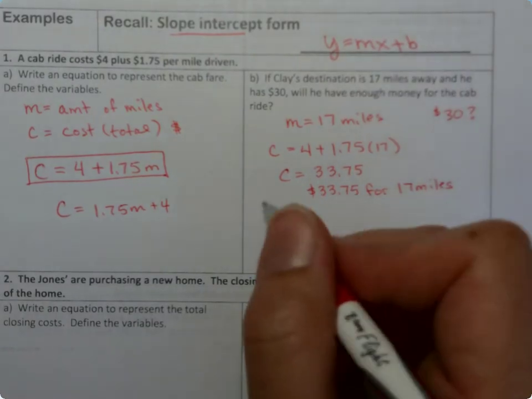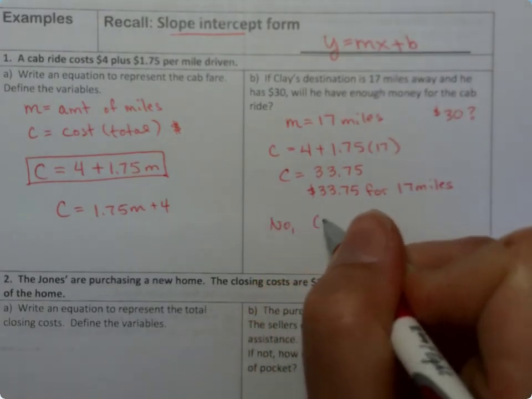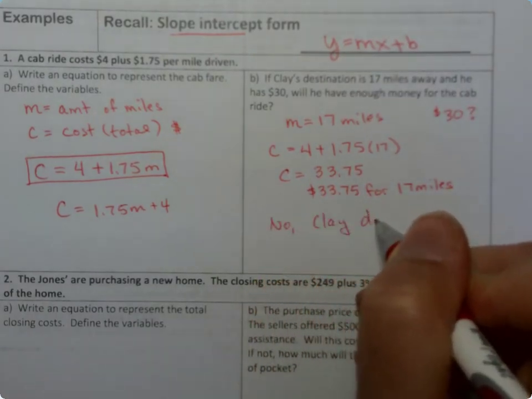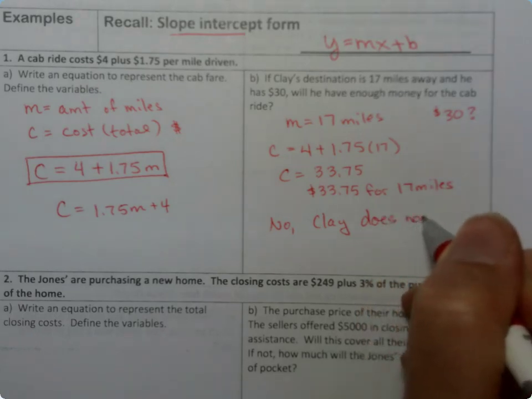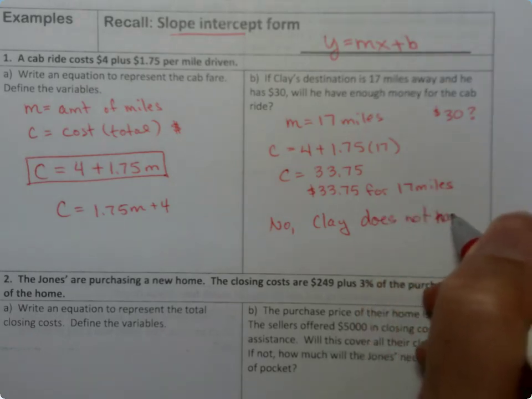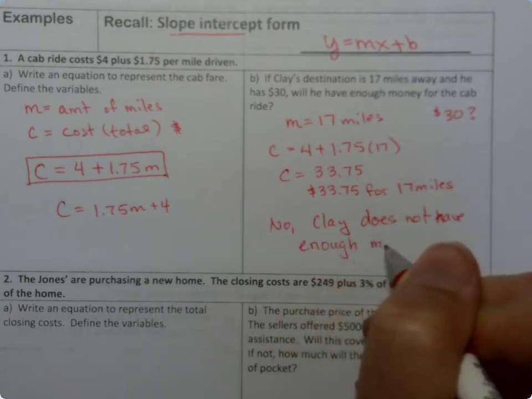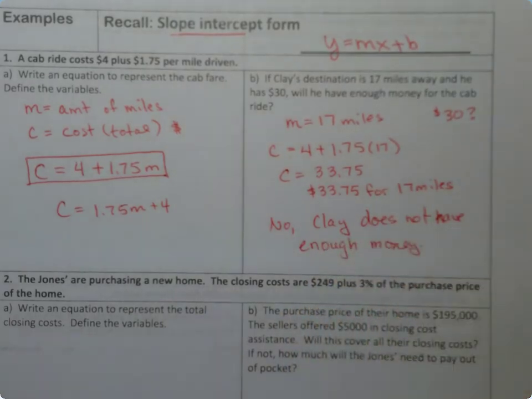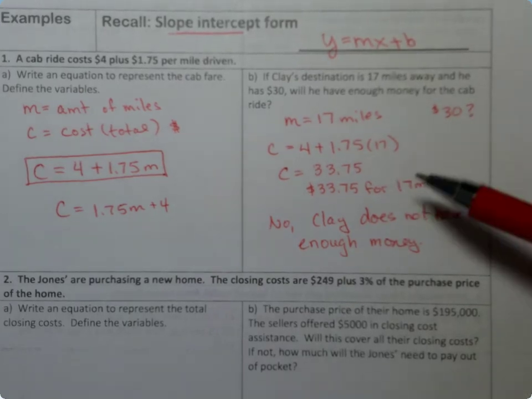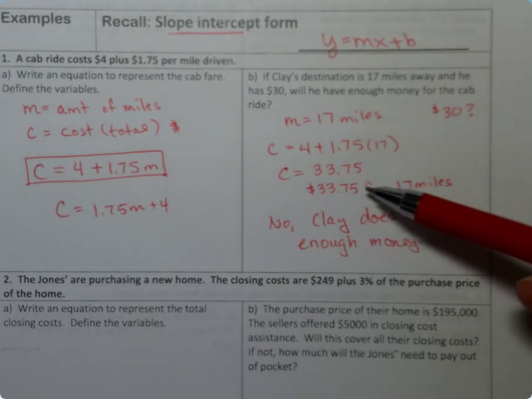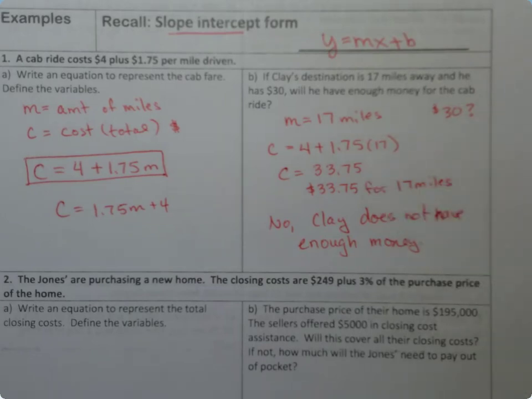Does Clay have enough money? No, Clay does not have enough money. Okay, so there's my proof. There's my answer. Don't just say, well, I told you it was $33.75. Make sure you state an answer to the question.